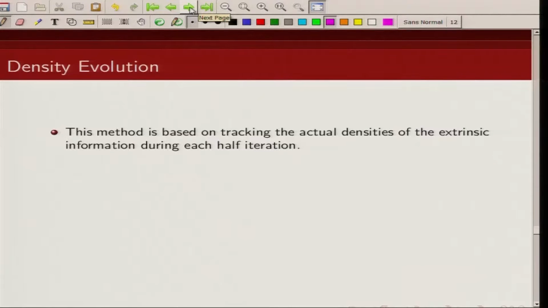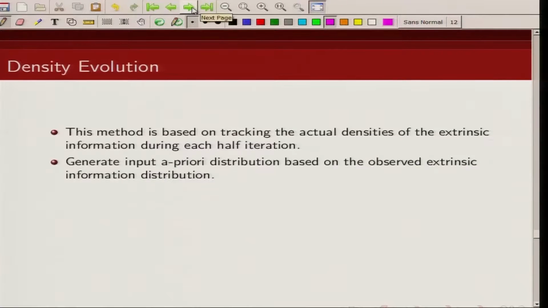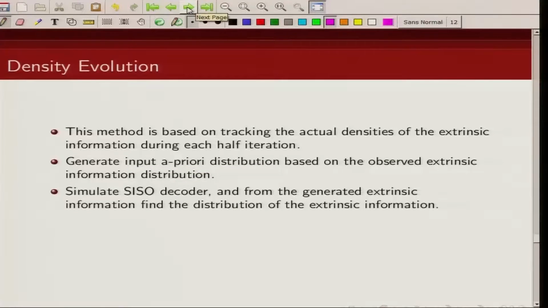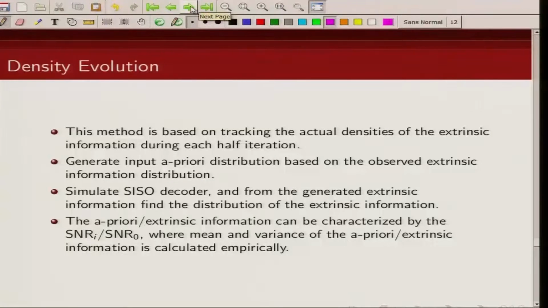Now, the method of Divsalar, they actually use the actual densities of the extrinsic information and they track it for finding out how it is growing with iteration. So, they generated some input a priori distribution based on observed extrinsic information and then they simulate this soft input soft output decoder using this generated distribution of a priori information, and they find out the distribution of the extrinsic information.